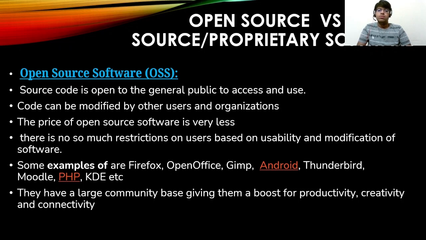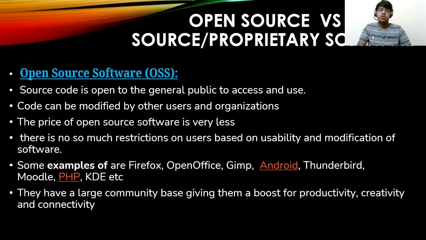This code can be seen by both the users and the organization who has implemented the software. Then the price for such software is very low, and there are no restrictions on users for its usability and modification. Some examples for these are our Firefox, OpenOffice, Android, etc.